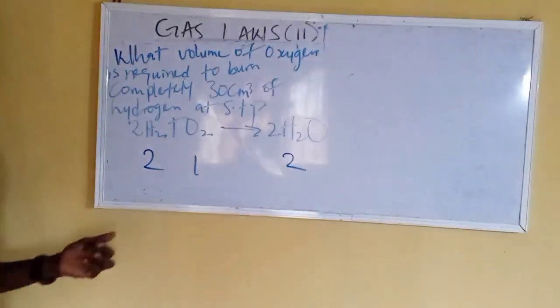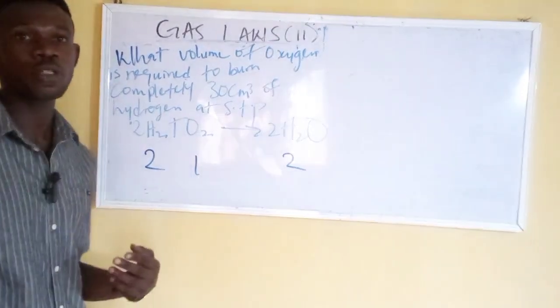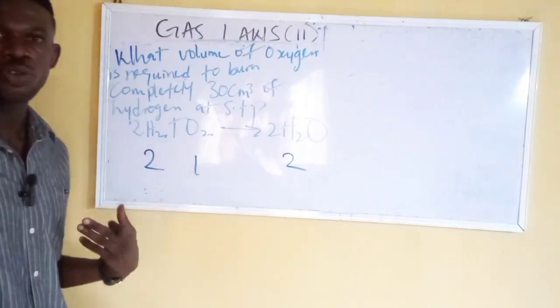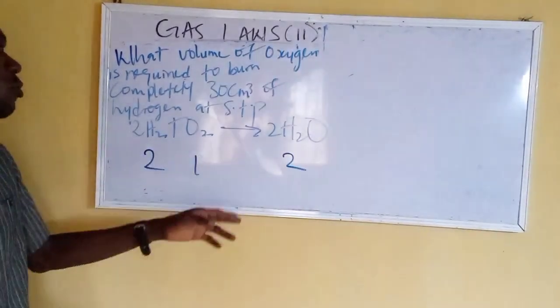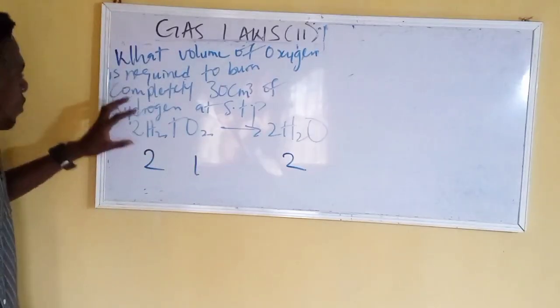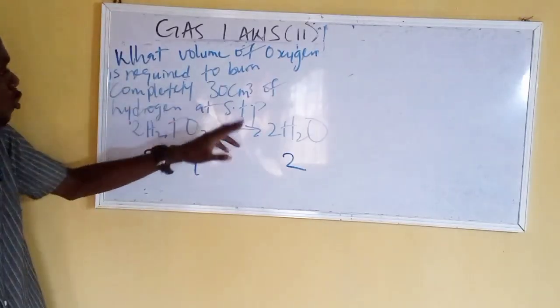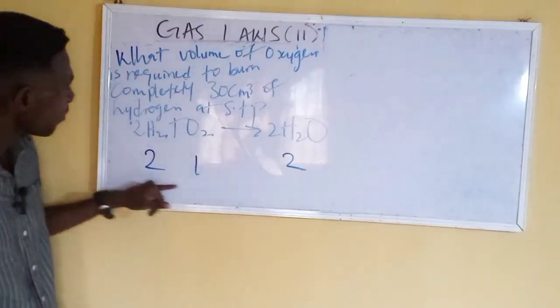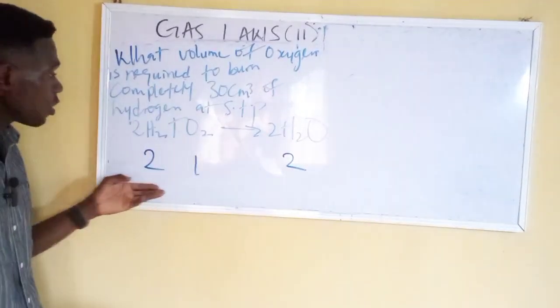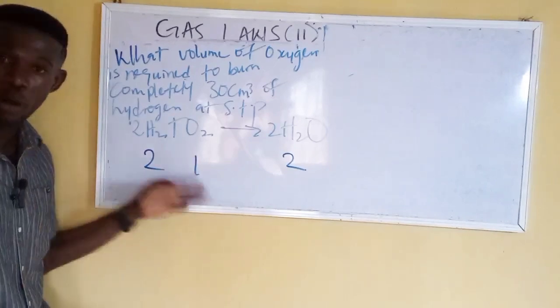It says that when gases combine, they do so in simple ratios, and even to the volume of the product of those gases. The only way you can navigate through this question is by observing them through the volume of gases, the combinations of their number of moles.